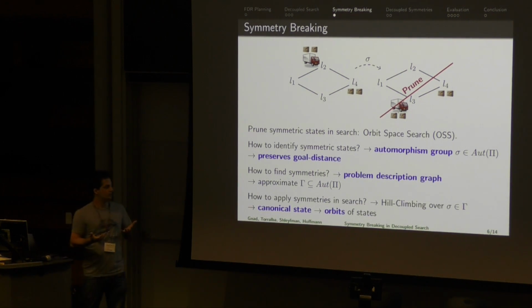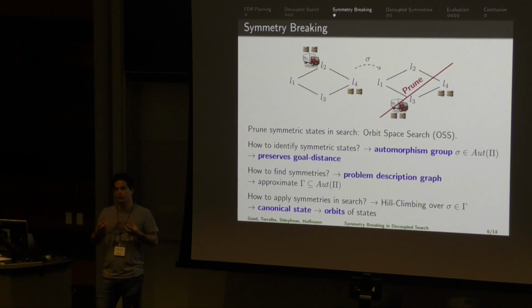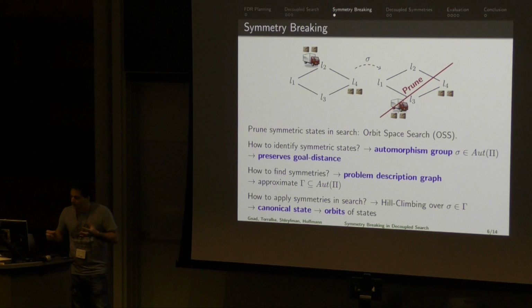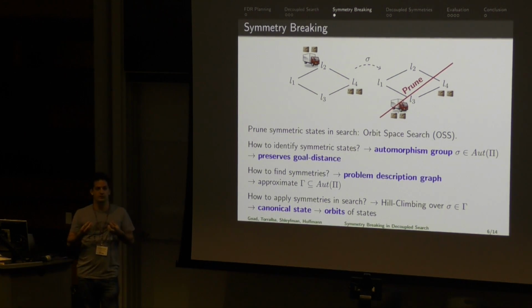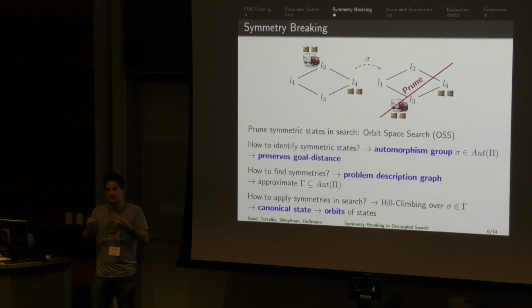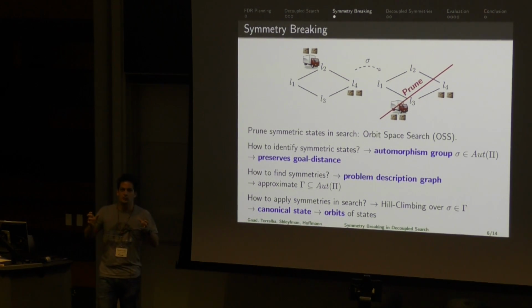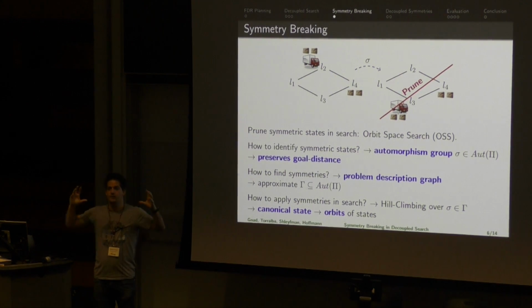And now the last question is really how do we apply this? How does that help us in any way in the search? Well, basically we do a hill climbing search over all structural symmetries that we have detected. The important thing here is that our symmetries map states together that are symmetric. So given our automorphisms, our structural symmetries, we can say that out of this big set of states, all states are symmetric to each other.